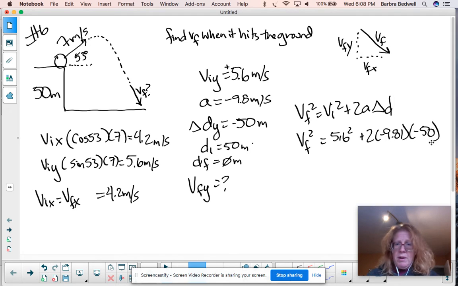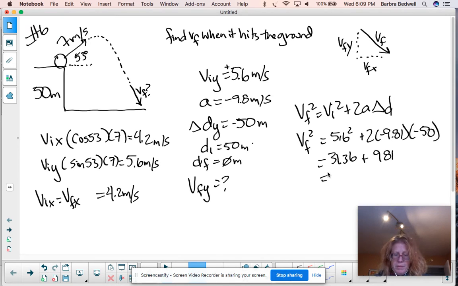So what do we have here? 5.6 squared is 31.36. 2 times 9.81 times 50 ends up being plus 981. This is negative, so it becomes positive.